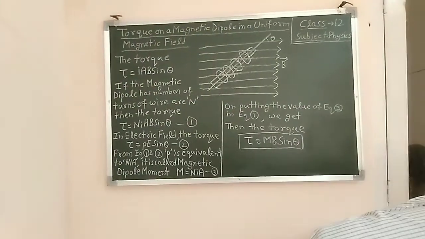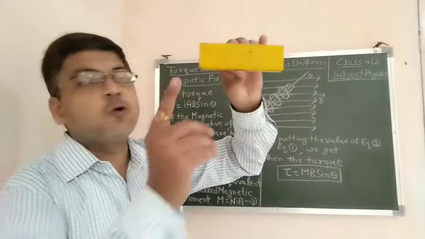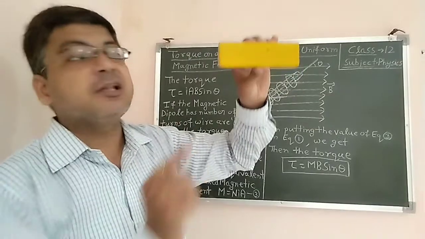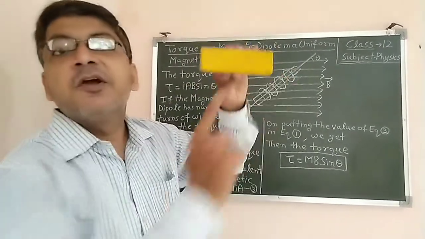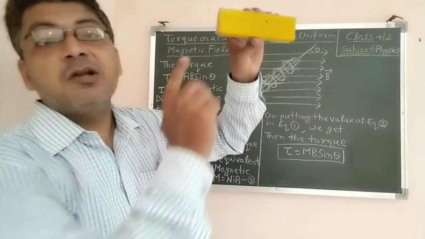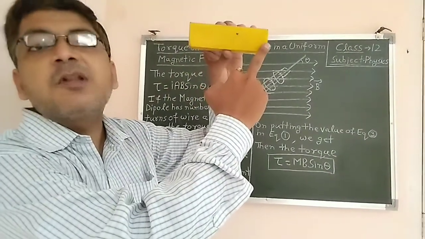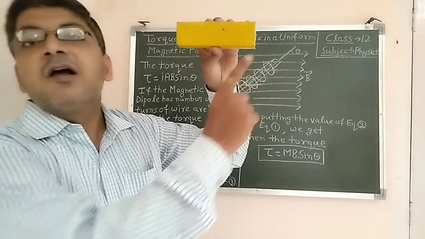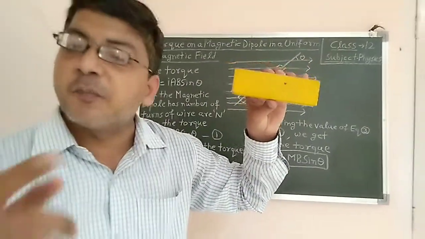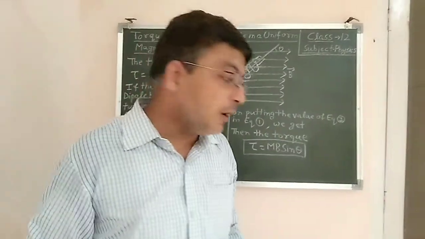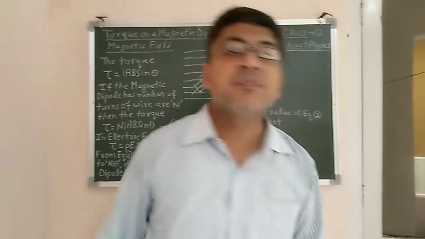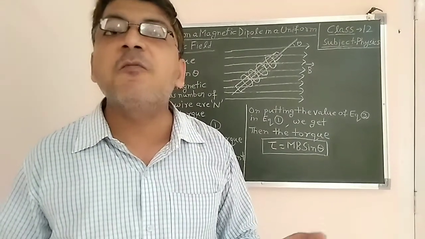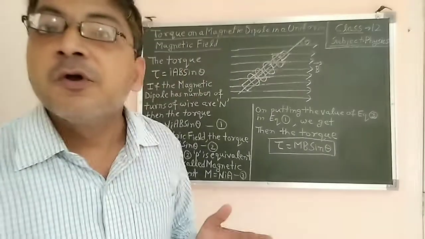If two poles of the bar magnet are equal in strength, for example this and this, and opposite in direction, set at a minimum distance, they are called a magnetic dipole. For example, a bar magnet or a magnetic needle are examples of a magnetic dipole.